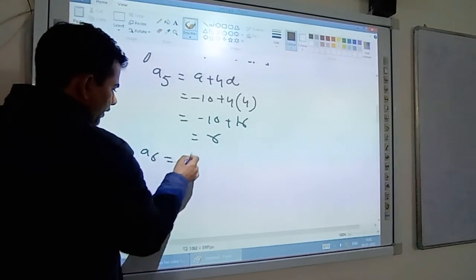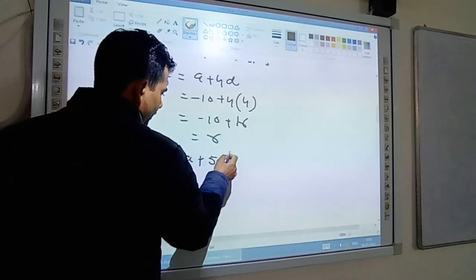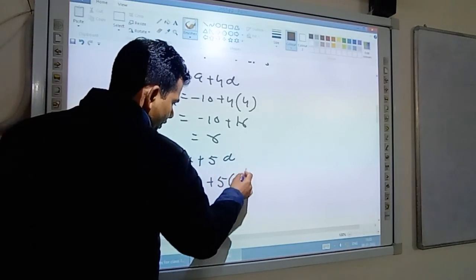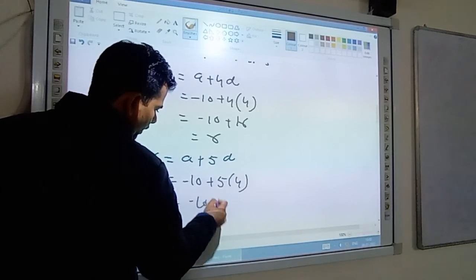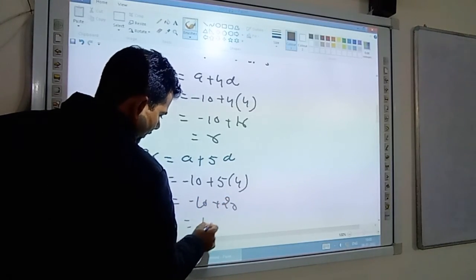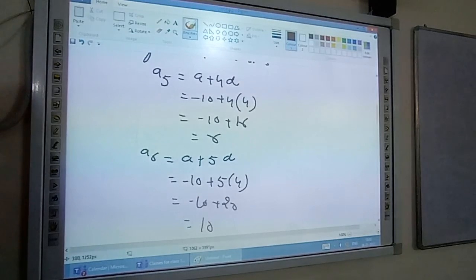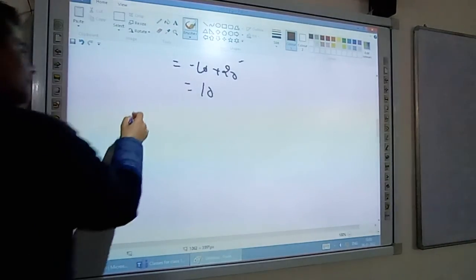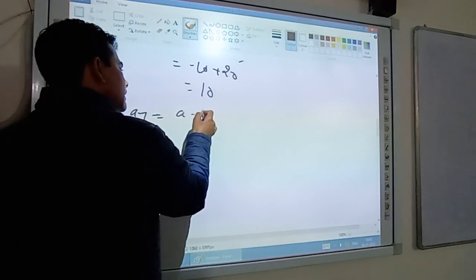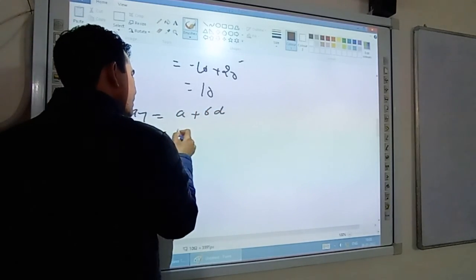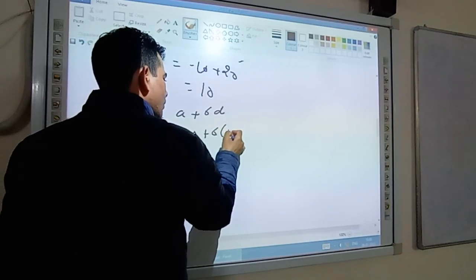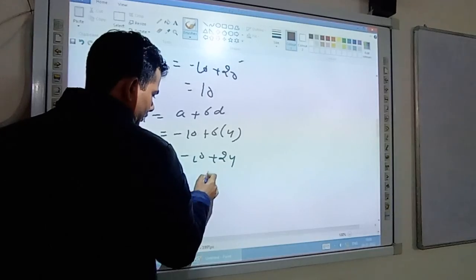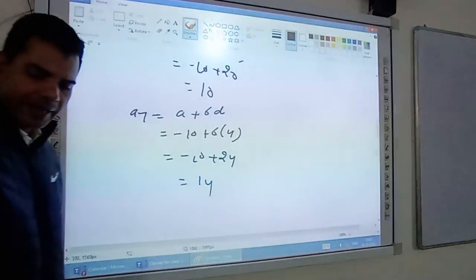Sixth term will be A plus 5D. A is minus 10, 5 into 4, minus 10 plus 20 that is 10. And seventh term will be A7, A plus 6D. What is A? Minus 10, 6 into 4, minus 10 plus 24 that is 14. Any doubt in problems?